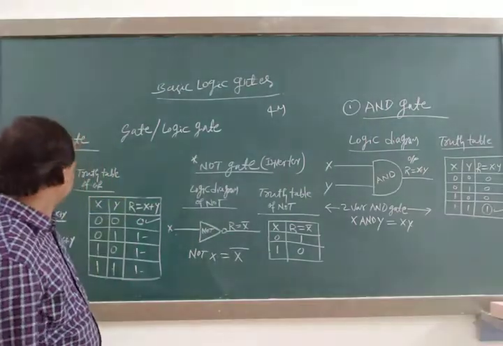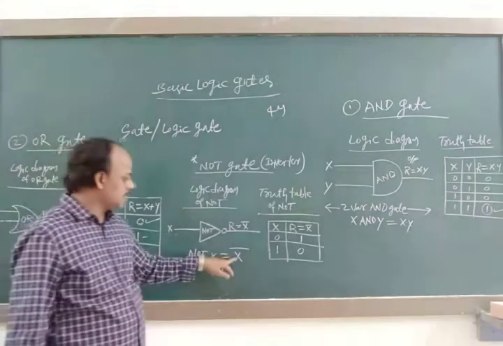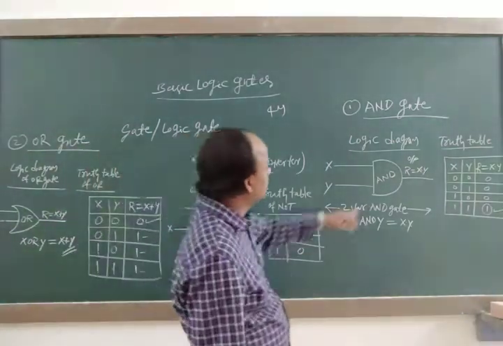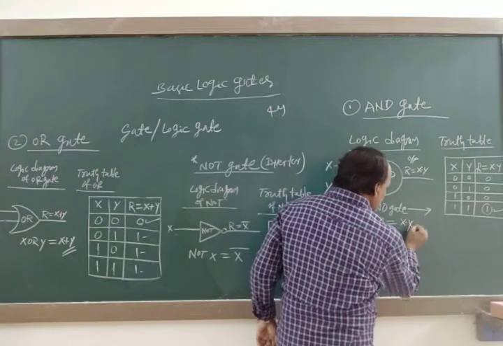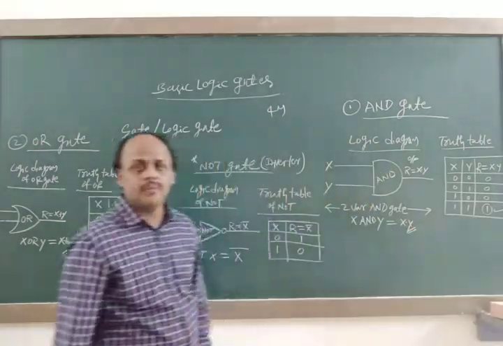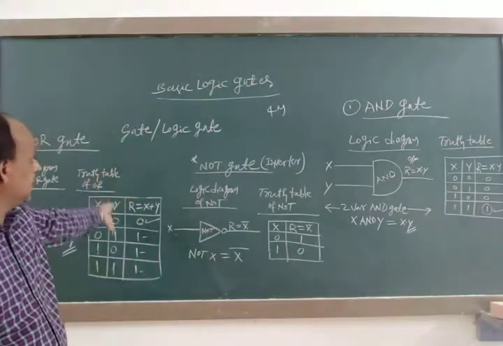Like this, x and y are two input variables, where these two are passed through OR gate, then we get x plus y. This OR gate can be symbolized as x plus y. NOT gate can be symbolized as x bar. Like this, AND gate can be symbolized as x into y. Right? So now basic gates are over.